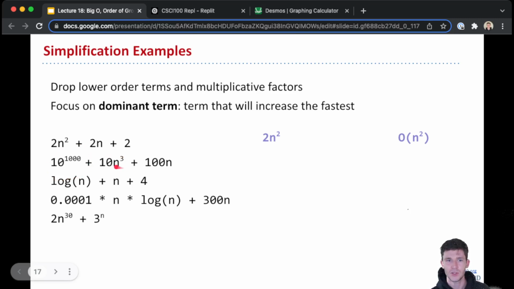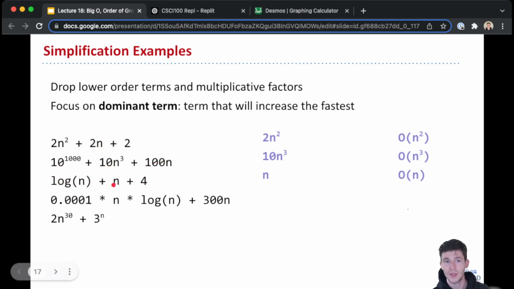And so the largest order term here is n cubed. n cubed is a larger order term than n squared, which is a larger order term than n to the first. And so we get 10n to the third when we drop the lower order terms. And then we drop the multiplicative factors and we get big O of n cubed. So this is the order of growth. This is the big O runtime complexity of an algorithm that has this many operations in terms of n.